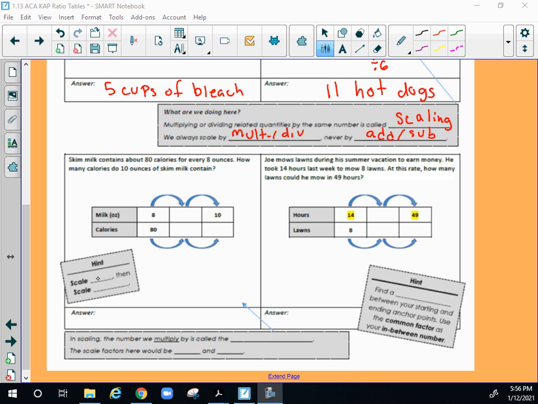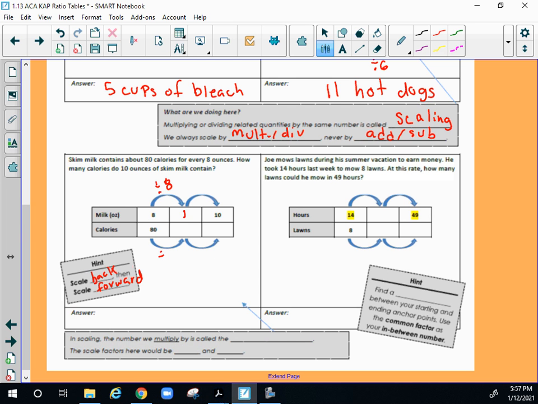So one thing that we could do is we could first scale back and then scale forward, or scale down and then scale up. So from 8, I could get 8 down to 1 by dividing by 8.